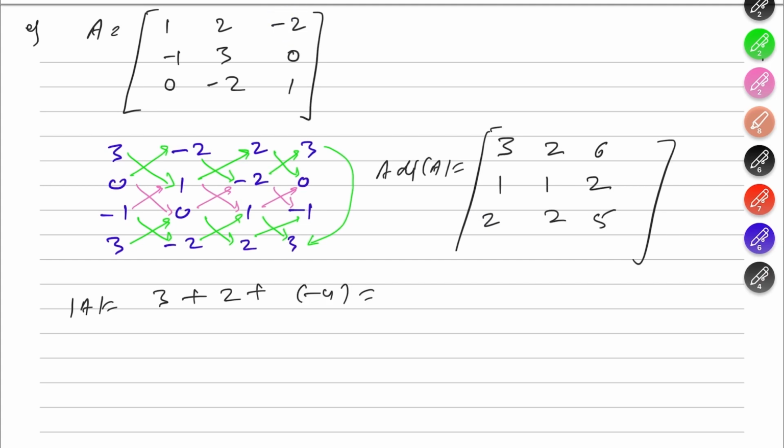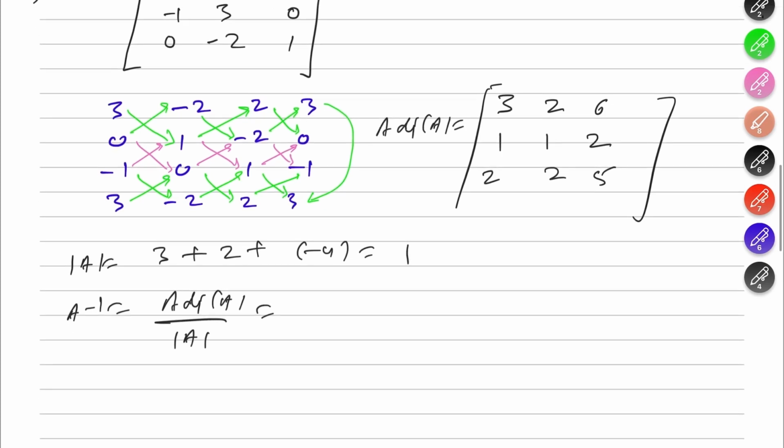So that is 3 plus 2 minus 4, which is 1. Now A inverse is the adjoint of A divided by the determinant of A. Because this determinant is already 1, it is the same as the adjoint. So 3 2 6 1 1 2 2 2 5, this is the answer.